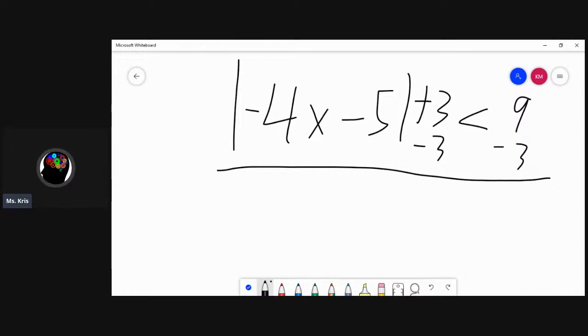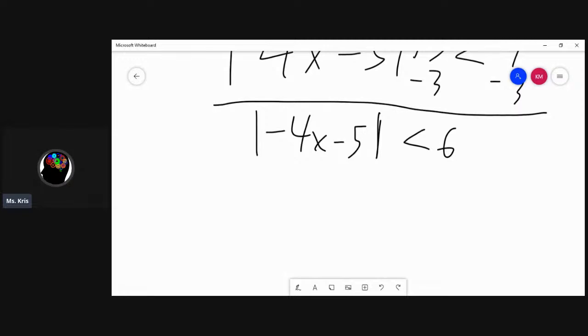Now remember, the less than is an and statement, meaning you're going to have a compound inequality when you are done. So 9 minus 3 gives me an absolute value of negative 4x minus 5 is less than 6.